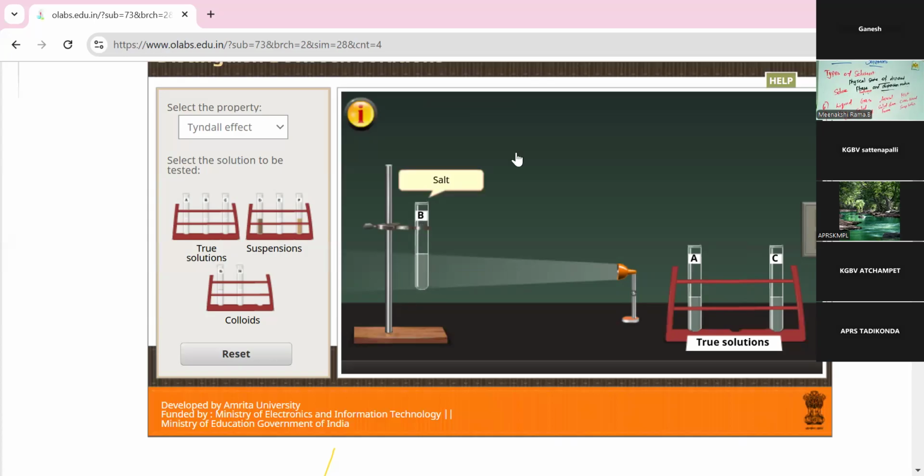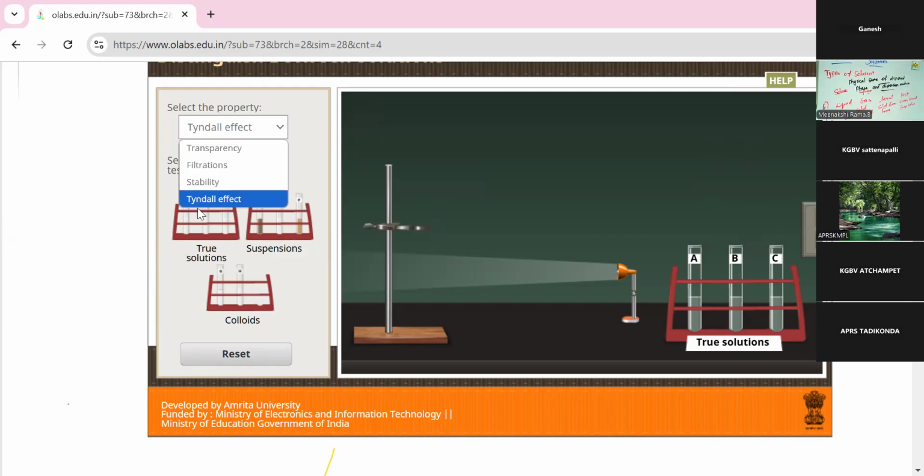So, it is also the true solution. Third one, alum. The light is passed through that alum water. It is also not visible within the test tube. So, these three test tubes contain true solution only. So, the true solution nature is clearly understood with the help of that.